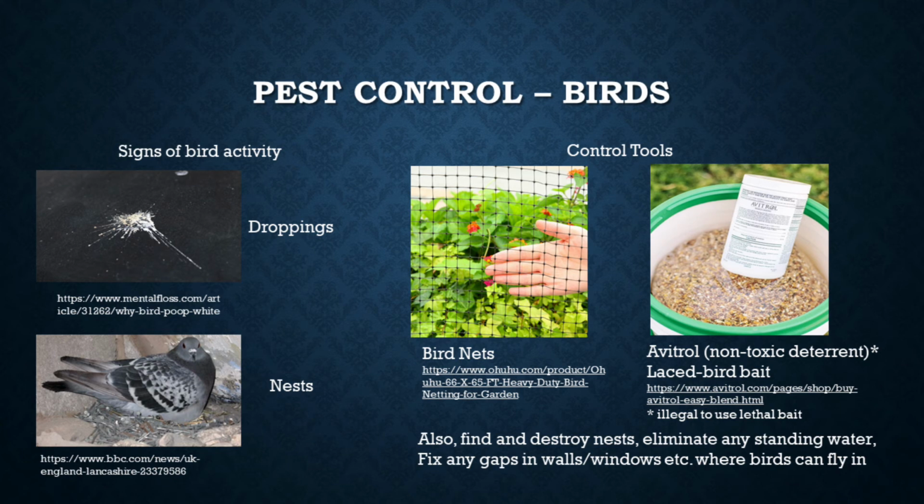They tend to be a little pricey though, so while they're effective, they're not the most cost-effective option, but they will work. And of course, if you have any gaps in walls or windows, or even a door that's been dented on the top side, you want those filled or fixed. That could also keep birds out. Get rid of any standing water, destroy nests if you find them, and so on and so forth. Those are some other things you can do to take care of birds.